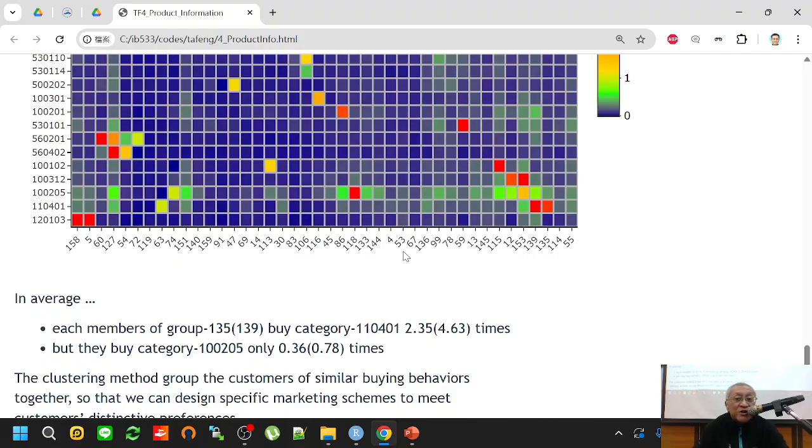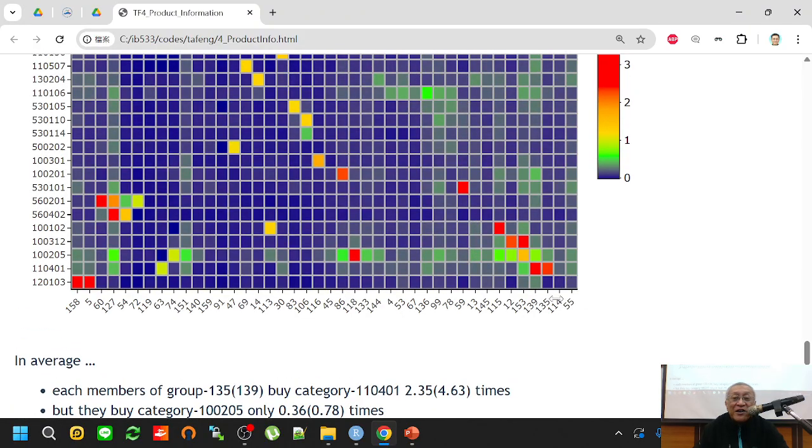This is the number of times you buy, right? So members of group 135 buy product category 110401, on average, about 2.34 times, okay?